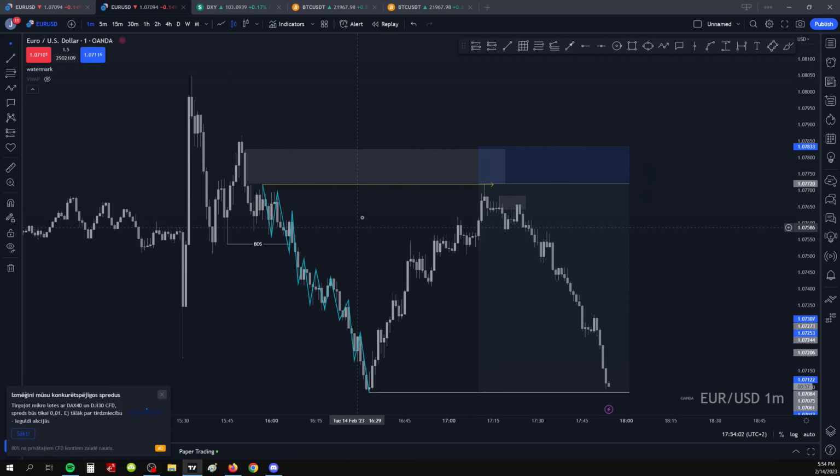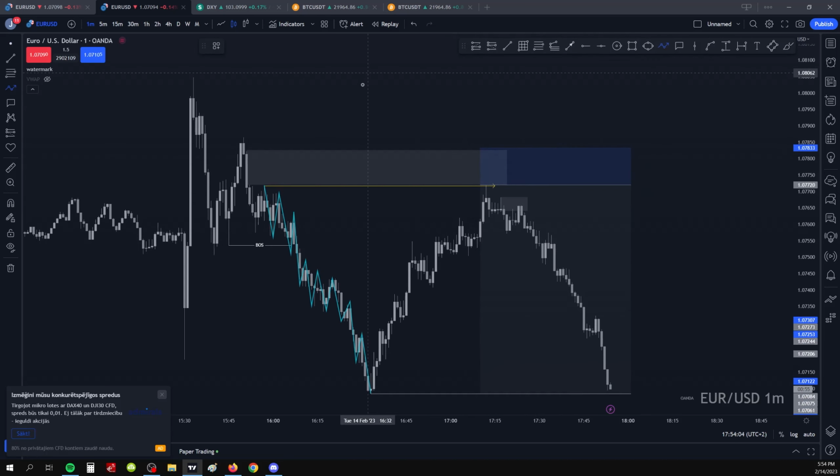Also, why it works, because some smart money people know that they call this the flip entry, right? This is basically the flip.